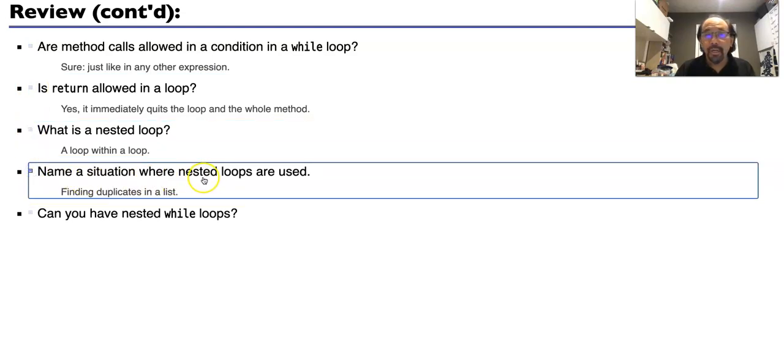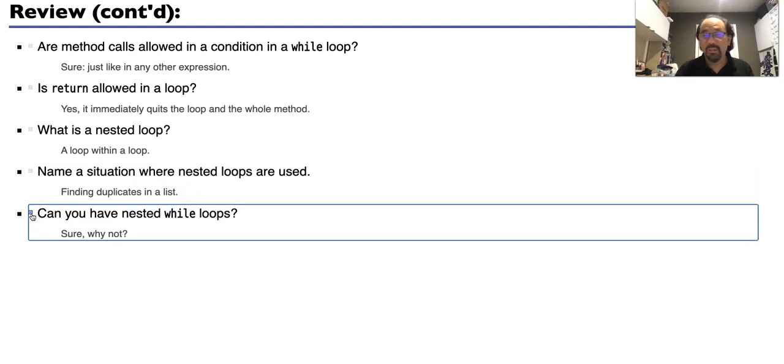And actually for this one here, nested loops are really good for two-dimensional arrays, pictures, and stuff like that.